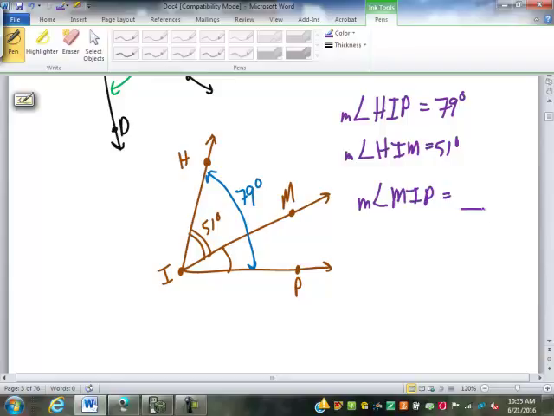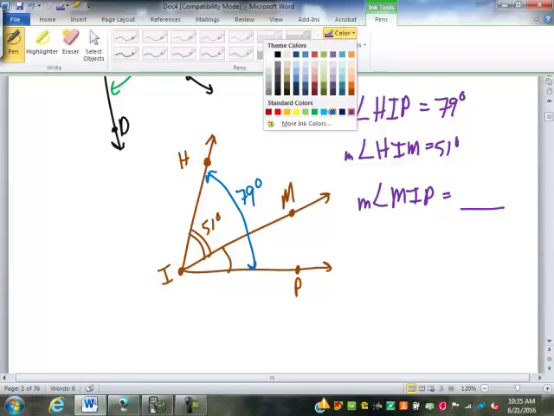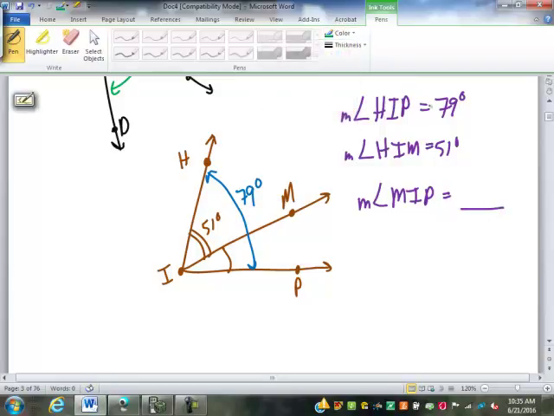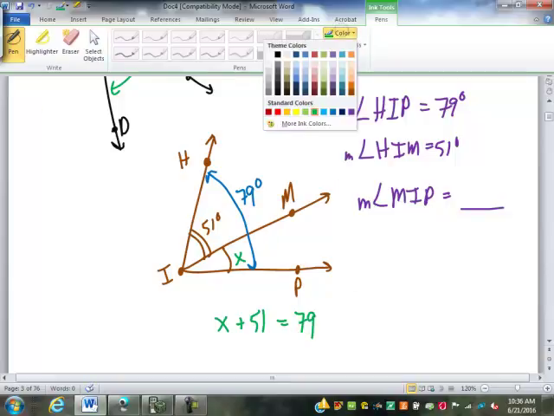MIP. How am I going to find that one? Exactly, we're going to subtract. If I call this x, we know that x plus 51, or 51 plus x, has to add up to 79. One of our basic equation types from before.